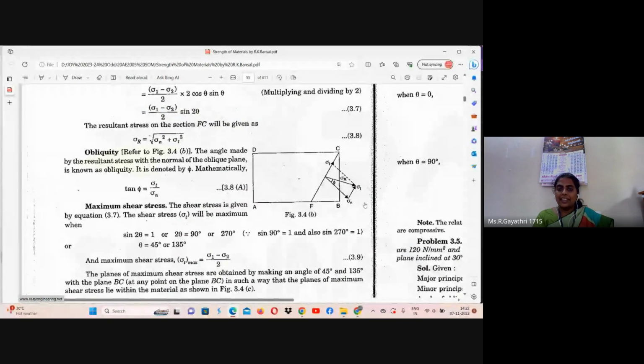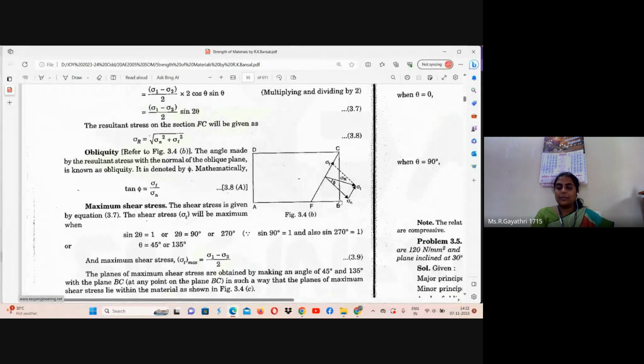So this is also a right angle triangle. So sigma r is equal to square root of sigma n square plus sigma t square. From this triangle we can attain, we know parallelogram law, triangular law, superposition law. So we can easily tell, obliquity means angle between resultant stress and the normal stress.